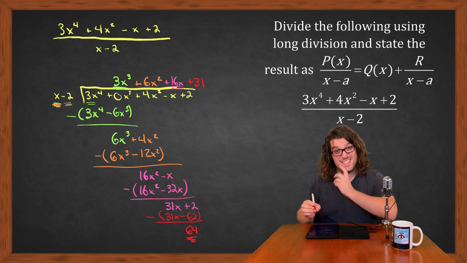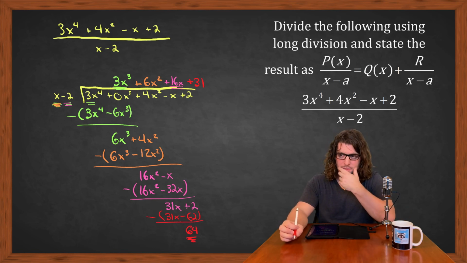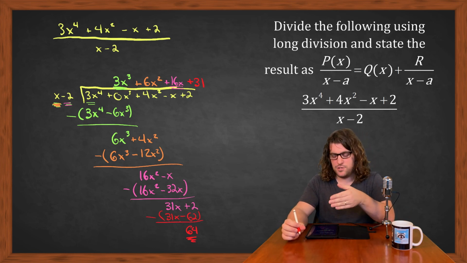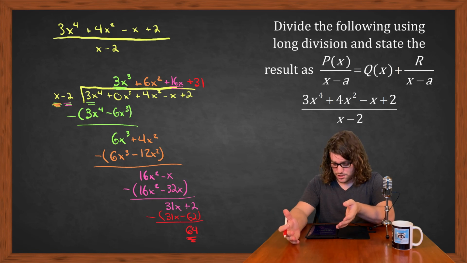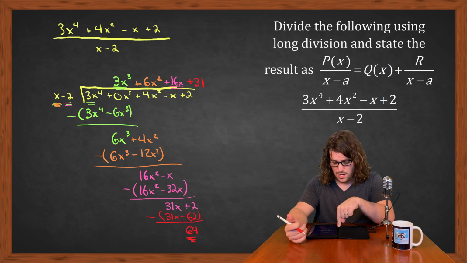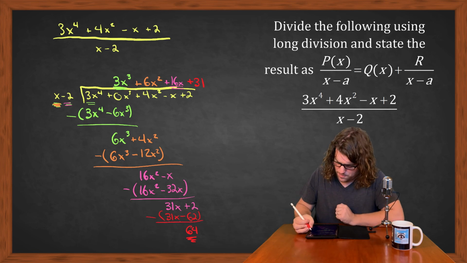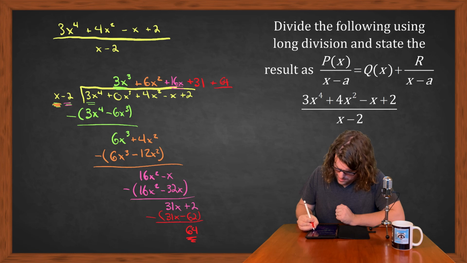Now, that means it didn't go in evenly because we have a remainder. The neat thing about long division remainders is we can express them as a fraction in terms of whatever our divisor is. So this is actually 64 pieces that would have been divided by x minus 2. So we can actually place that at the very end as being plus 64 divided by x minus 2.